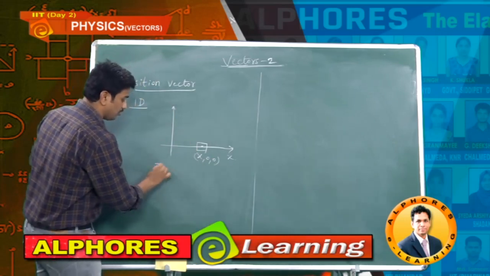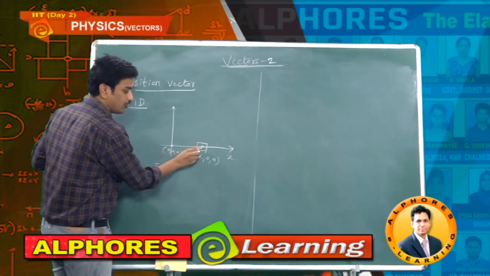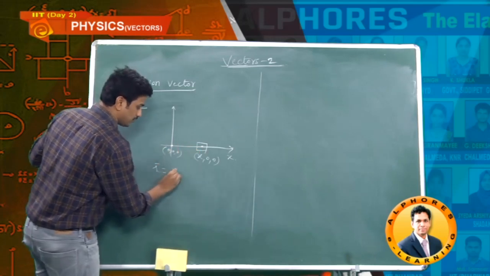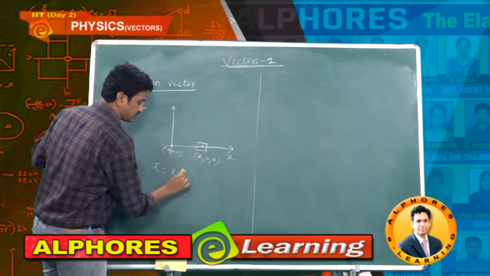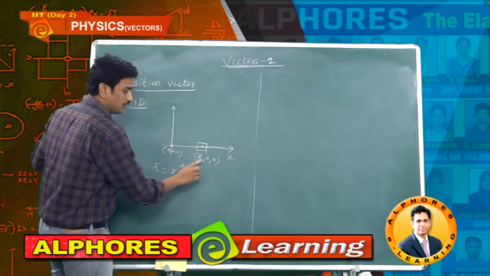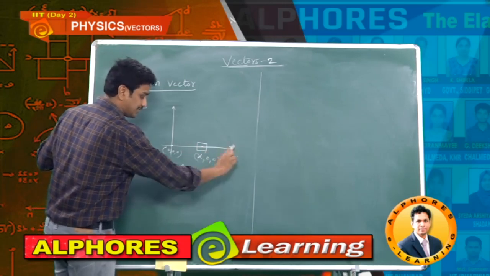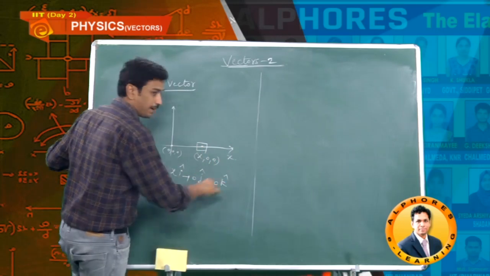From the origin, the body is at a distance x along the x direction, x i cap. In the y direction and z direction it has no distance, 0 j cap, 0 k cap.